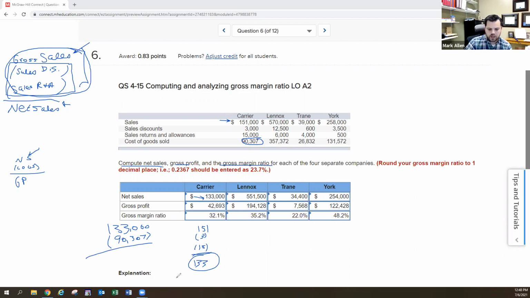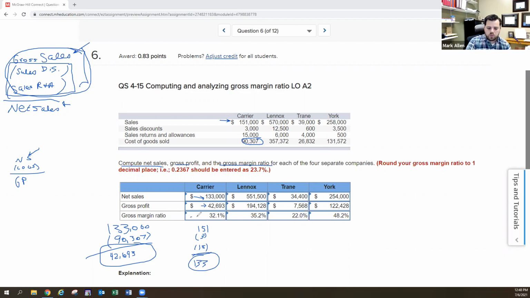So 133,000 plus a negative 90,307 is 42,693. I apologize for the phrasing there, plus a negative. I'm using a 10 key, and that's the syntax for it to work correctly. So this is really just minus the 90,307. So don't let that confuse you. But 133 minus the 90 is 42,693. And you'll see that is what they have right here.